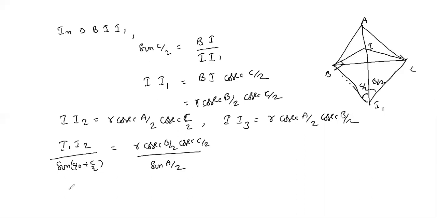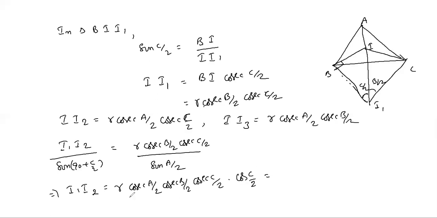So I1I2 equals R into cosecant A by 2, cosecant B by 2, cosecant C by 2, into sine (90 plus C by 2), which is cos C by 2.